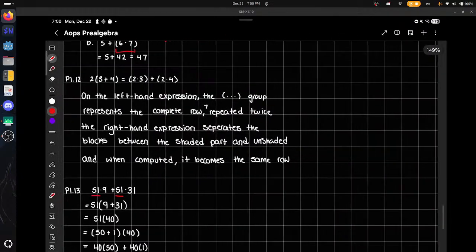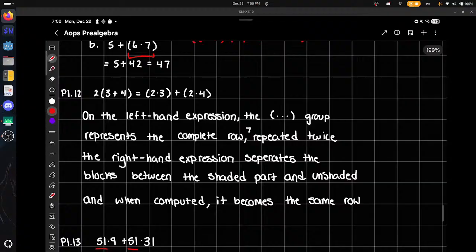Okay. Problem 12. Okay, yeah. I get the general concept. On one hand, they have 2 rows. Each row has 3 plus 4 squares. So altogether, there are 2 times 3 plus 4 squares. I described it differently because I see the problem in a different way.